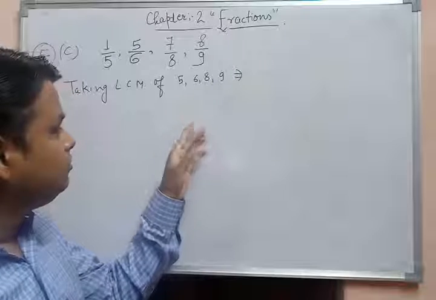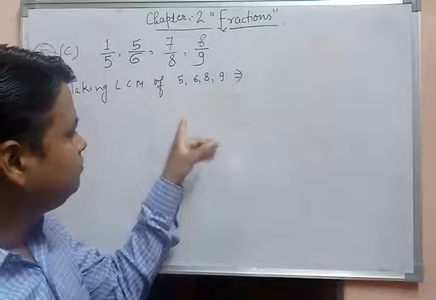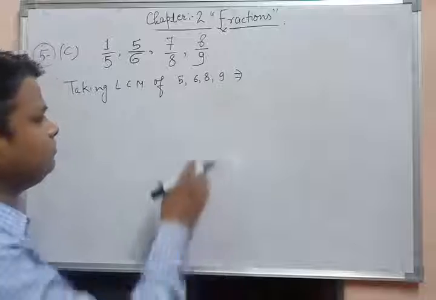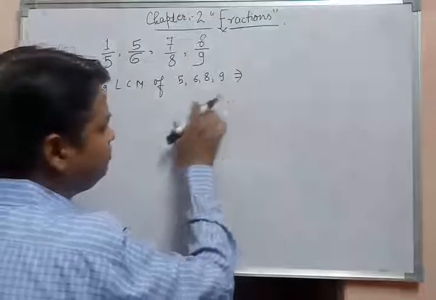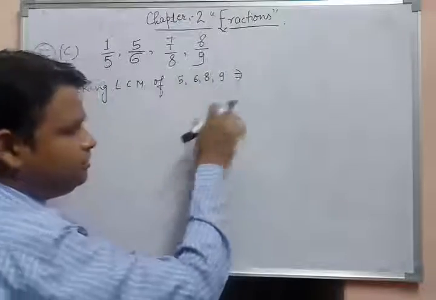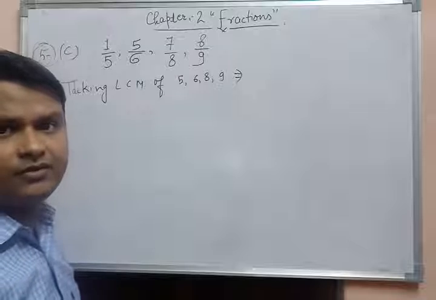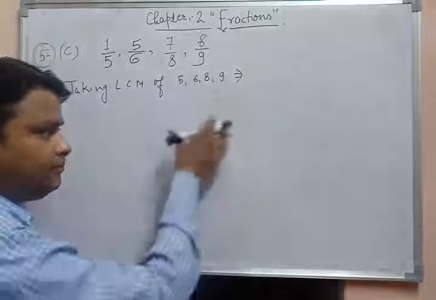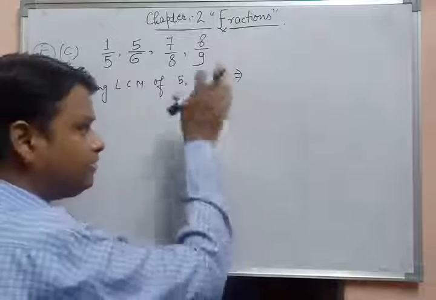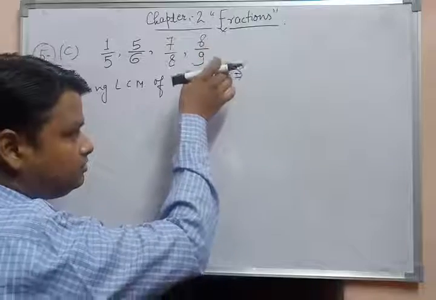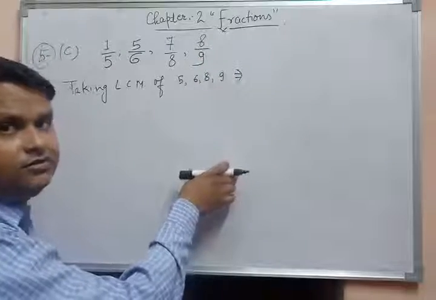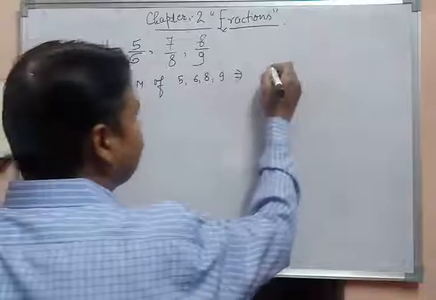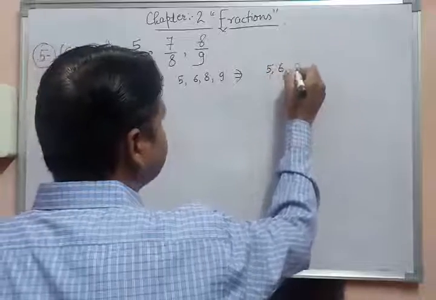You have no need to write this part in your rough work, because it is part of your calculation, so you have to write it in the solution of this question. Okay students, 5, 6, 8, 9.